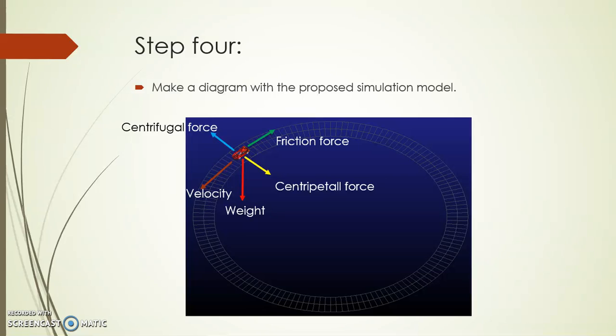In the guide, the guide tells you to make a diagram with a proposed simulation model. In this case, we have the simulation model, so we need to add the forces.